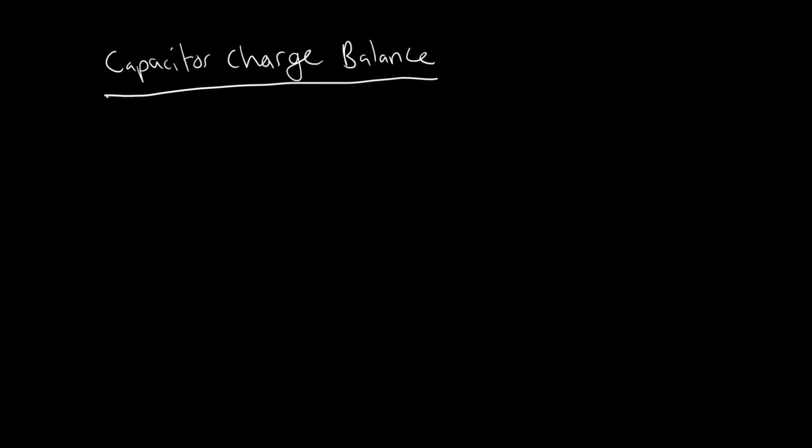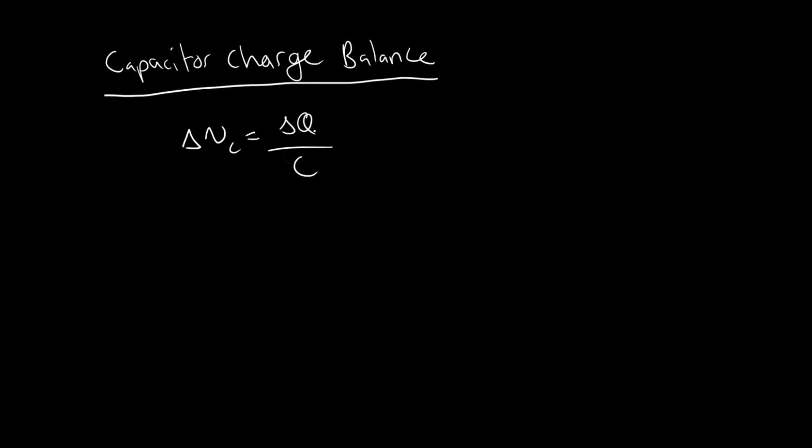Next is capacitor charge balance. And this is almost identical. In fact, it's identical up to what the symbols you're using look like. It's completely the same. If we think about the average change in a capacitor voltage, it is equal to the change in charge of the capacitor over C. So again, the charge is like the volt-seconds of the capacitor.